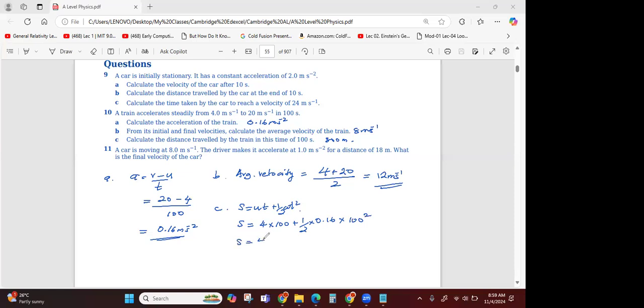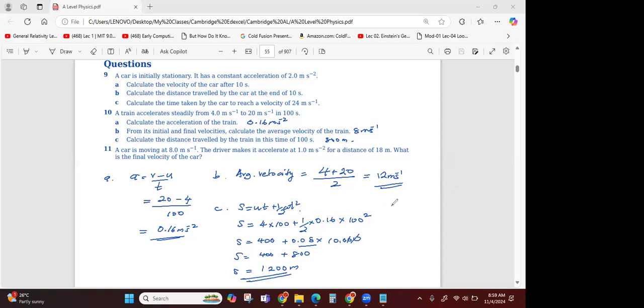So S equals 400 plus 0.16 divided by 2, which is 0.08, into 100 squared, which is 10,000. So S equals 400 plus, if you multiply with 2 decimal places, 2 zeros cancel, 800 will come. Therefore S equals 1200 meters.